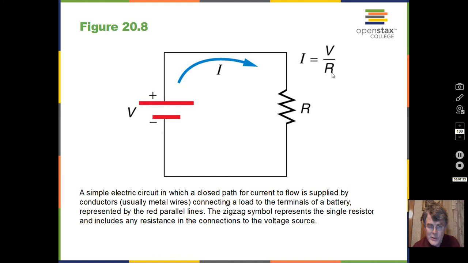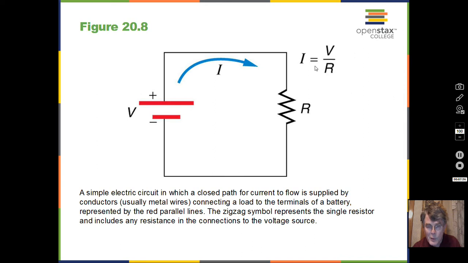This resistance is measured in ohms, O-H-M-S, ohms, and has an omega symbol for its representation. If I can draw an omega here, it's kind of an omega, but that would be our unit that you'd look for doing this calculation.